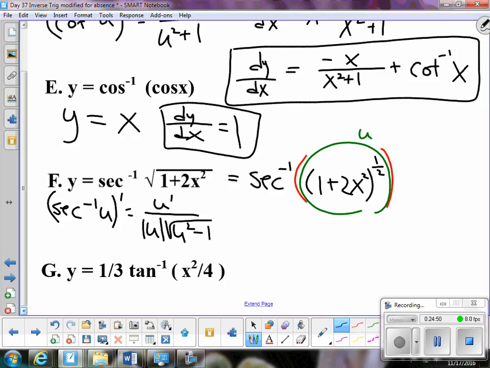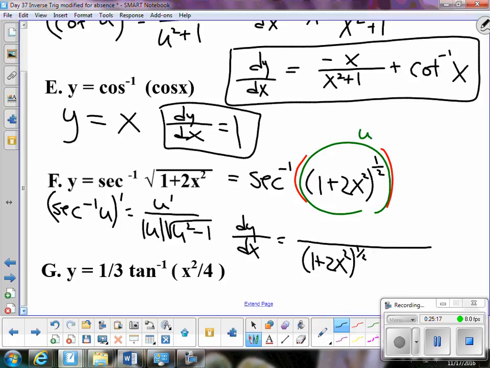Okay, so let's do this. Maybe we'll do the denominator of our derivative first. So the denominator, it's the absolute value of u. Remember, our u is just the square root of 1 plus 2x squared. I think I'll just write it with the exponent, 1 plus 2x squared to the half. You could just write the radical there also.